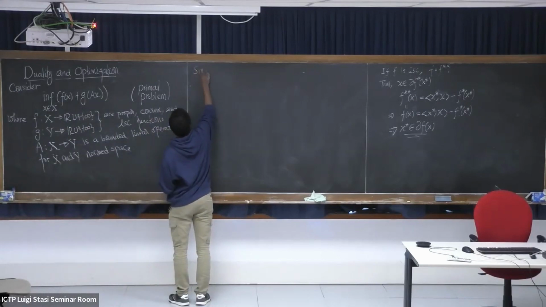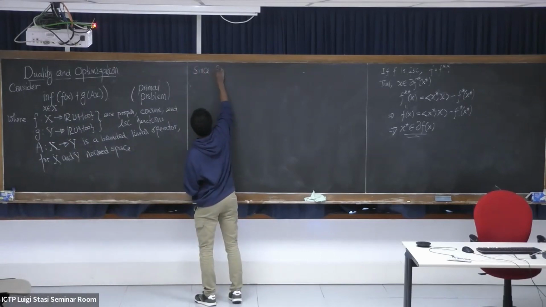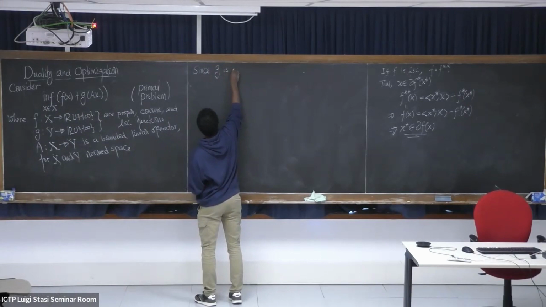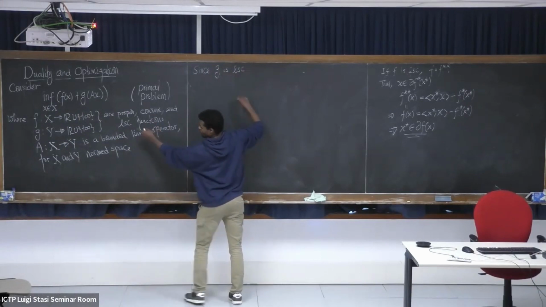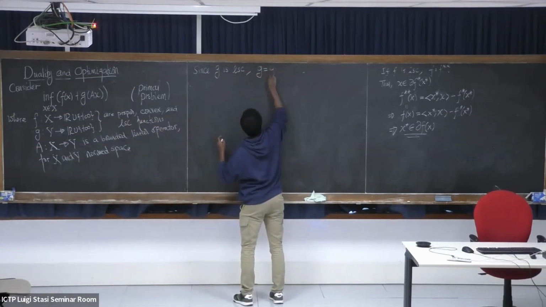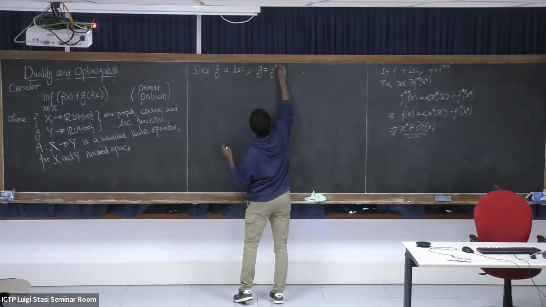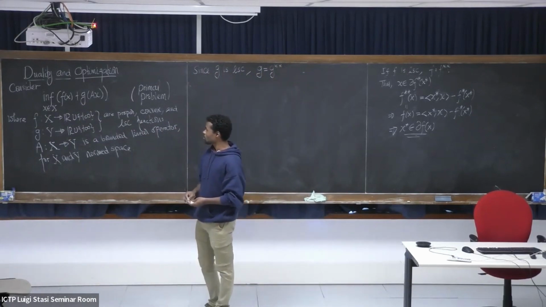Since g is proper, convex and lower semicontinuous, g is equal to g double star.